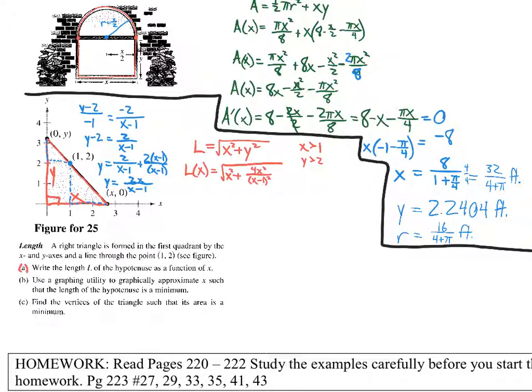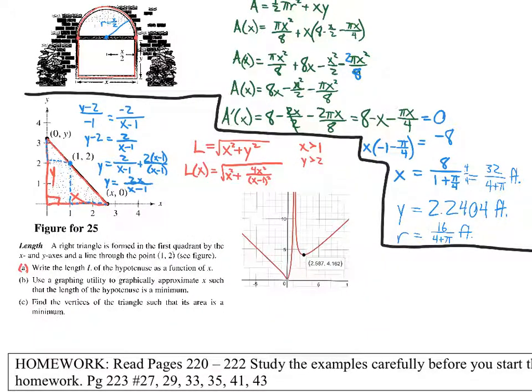Okay, so I've taken the liberty of doing that already. I'm going to insert this image of the graph, and I've already actually identified it. Now on your calculator, you'd go to your y equals, you'd plug this in, and then you could do a calculate min.